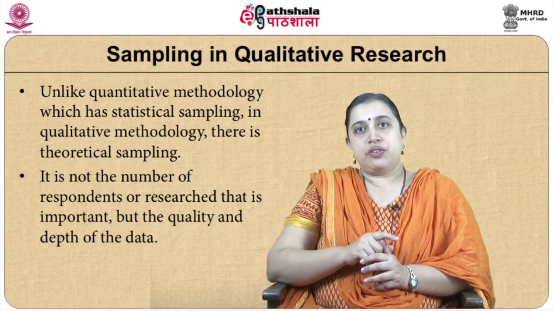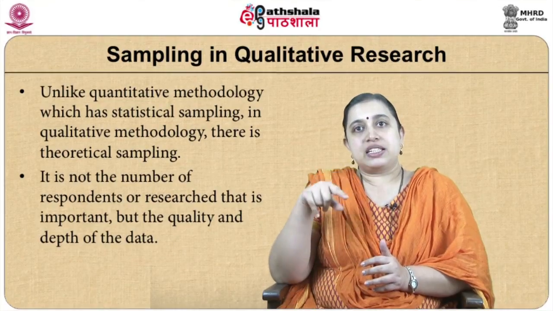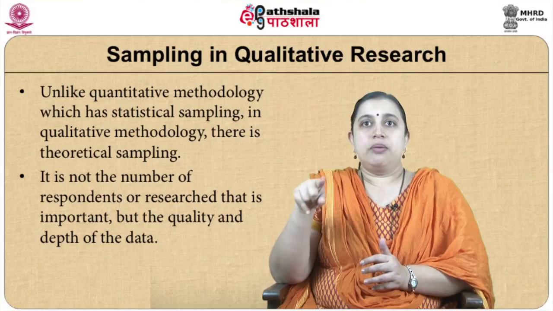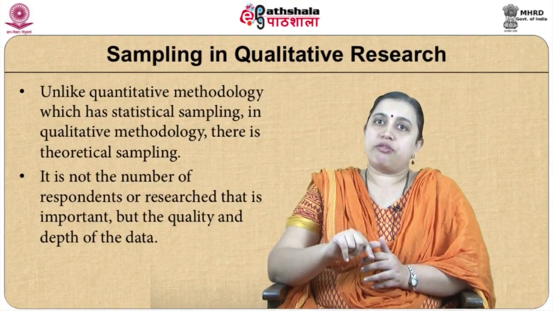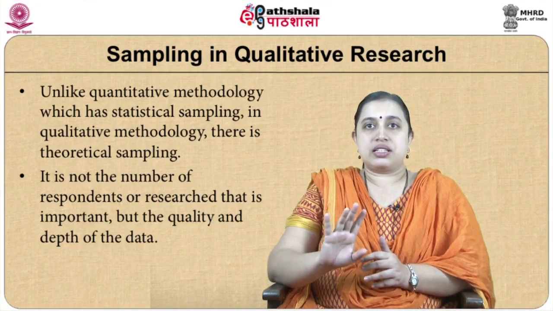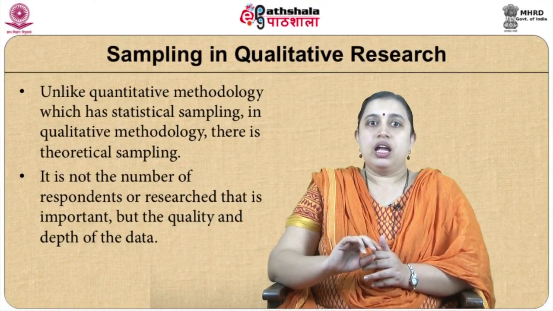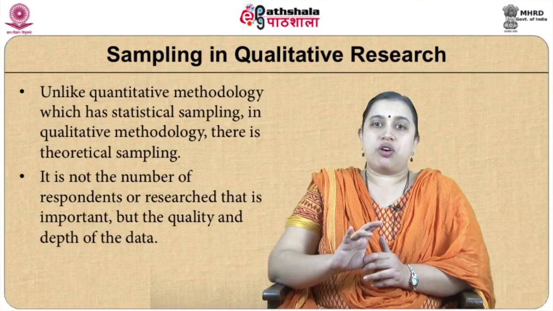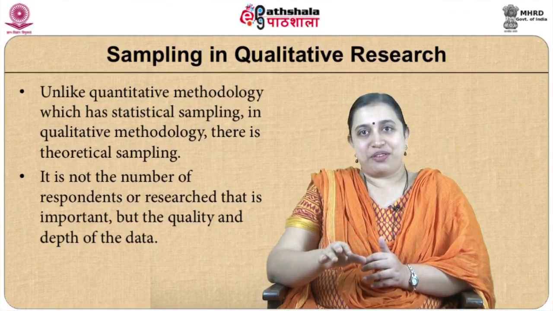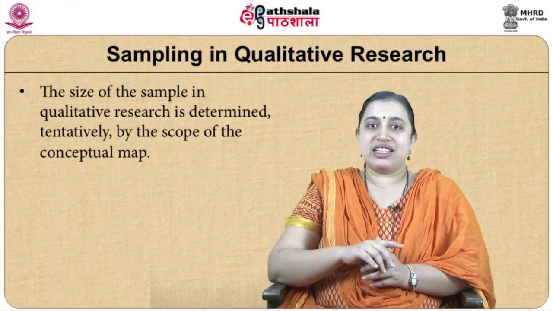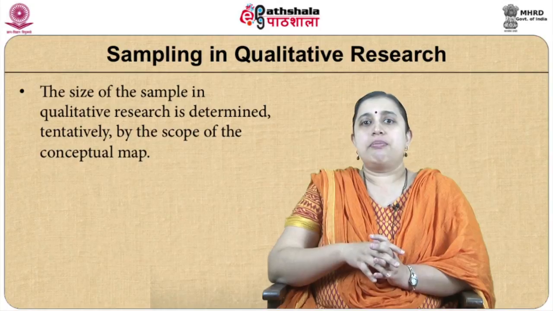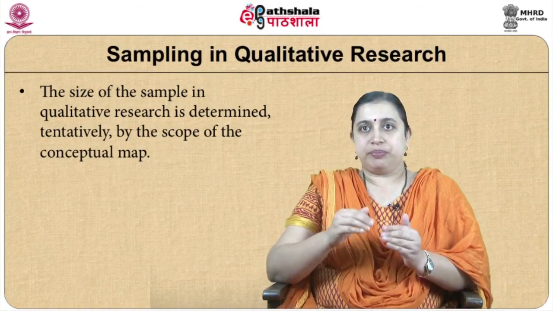In quantitative research, the study population or the sampling frame is decided first, and based on that the sample of my study is decided. In qualitative research, it does not happen in the same fashion. It is not the number of respondents that is important, but the quality and the depth of data received. The size of the sample in qualitative research is determined tentatively by the scope of the conceptual map.